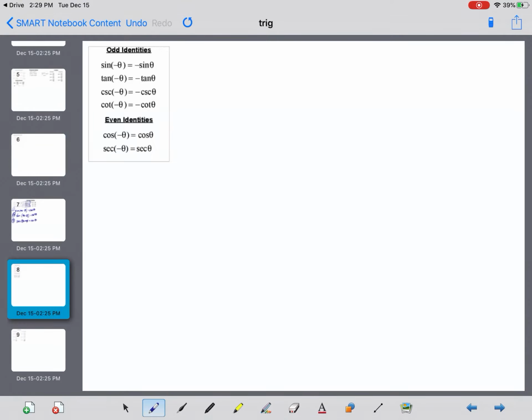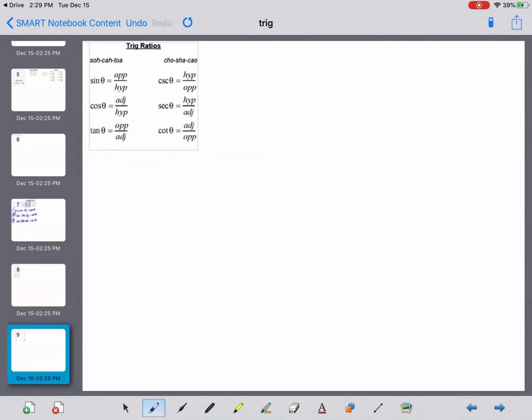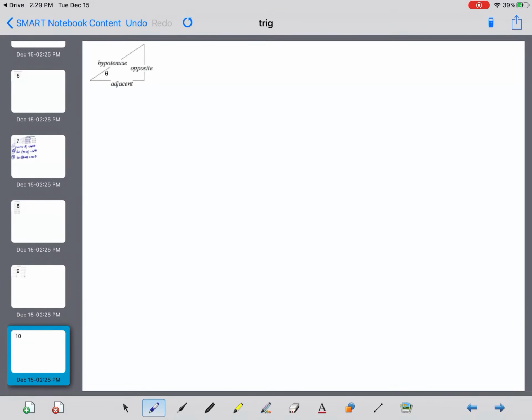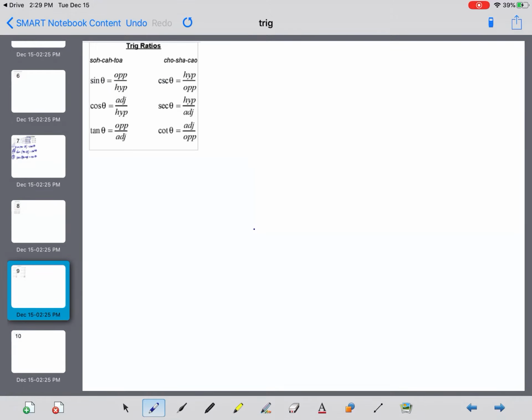I'm going to use this triangle here, adjacent, opposite, hypotenuse. So basically in 53, you're told that sine 60 is equal to radical 3 over 2, and cosine 60 is equal to 1/2.